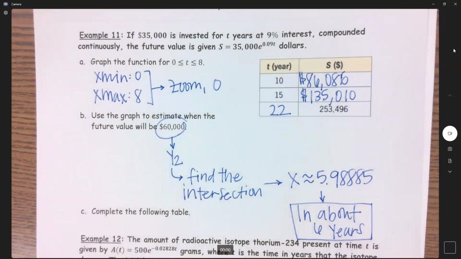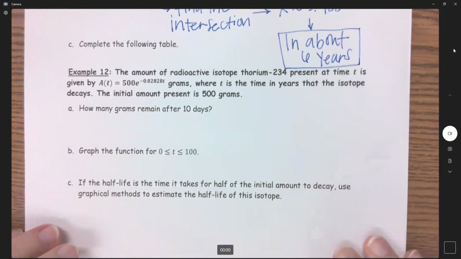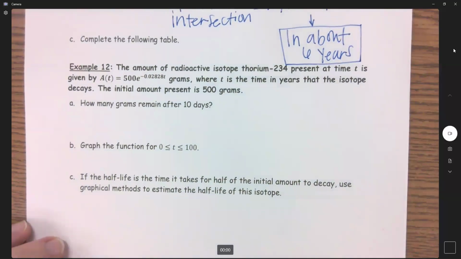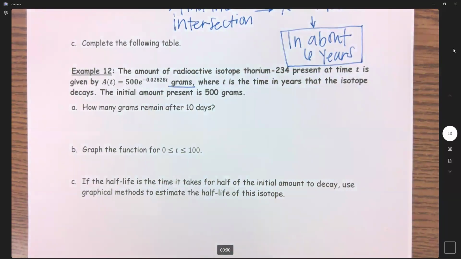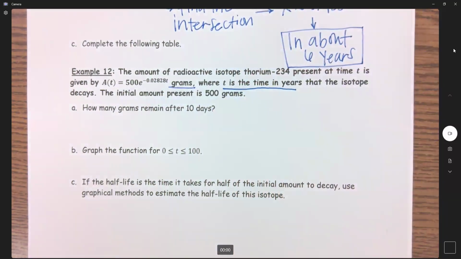Okay, and then our last example for the lesson, I know it's a long one. The amount of radioactive isotope thorium-234 present at time t is given by A of t, which is in grams, and t is the time in years that the isotope decays.